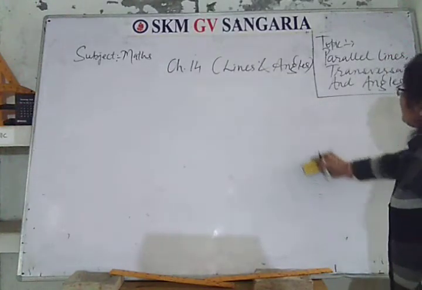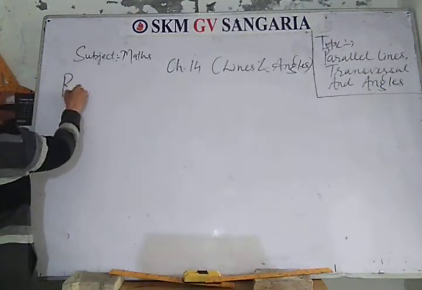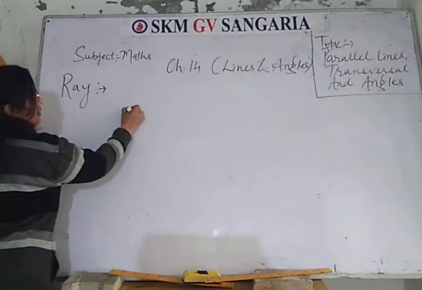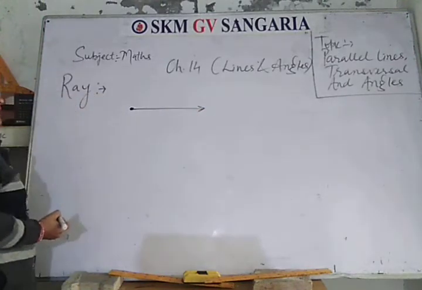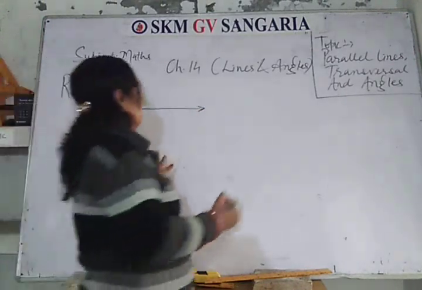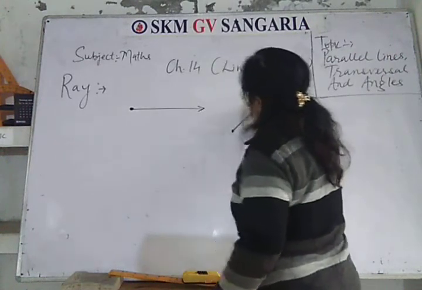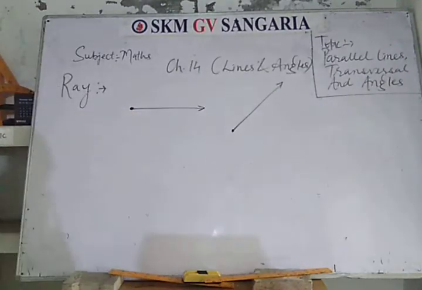So we can say when two rays, you already know this is the initial point of a ray and it extends endlessly in one direction. These are examples of rays here.